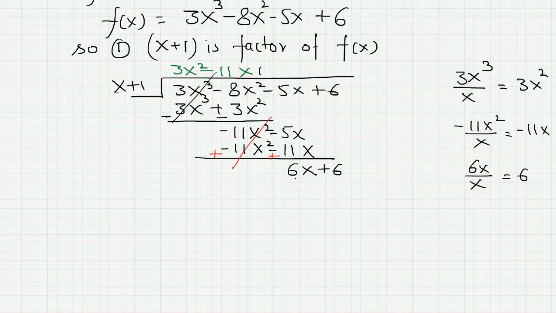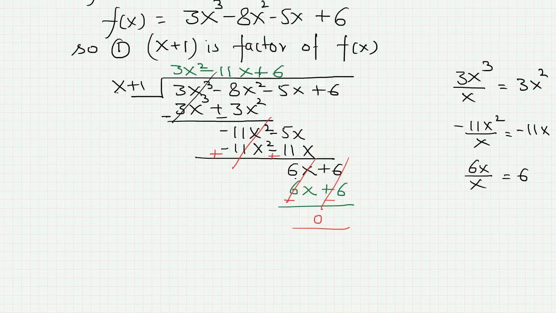We have to multiply this number by 6, so it will be plus 6. 6 times x is 6x and 1 times 6 is 6, plus 6. Now we know that we subtract, and in subtraction we change the sign. This is plus 6, this is plus 6, this is minus 6 and plus 6. So we cancel it.